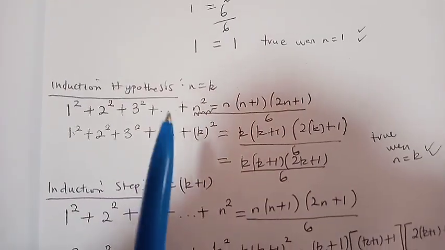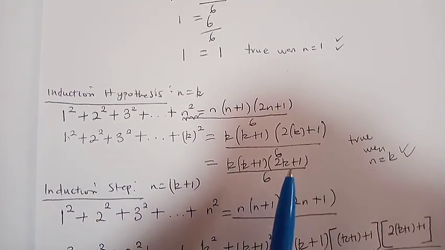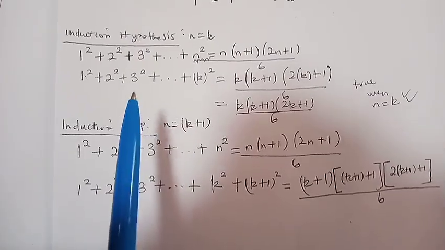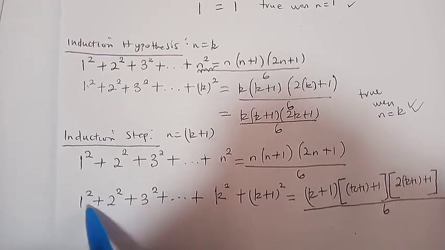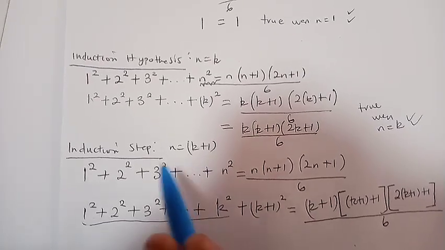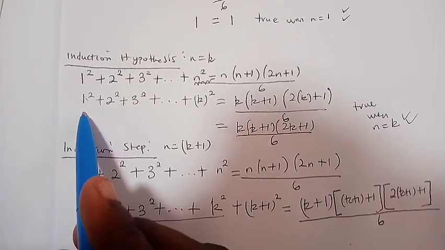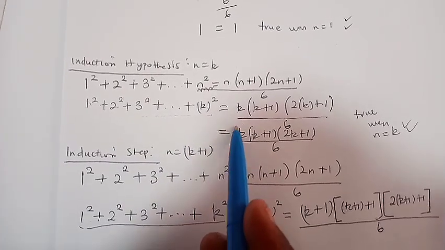Okay, here during the induction hypothesis we said this was equal to this, you see. So now during this induction step we find that this same portion is the same portion that we find on the induction hypothesis, and we said it was equal to this portion.